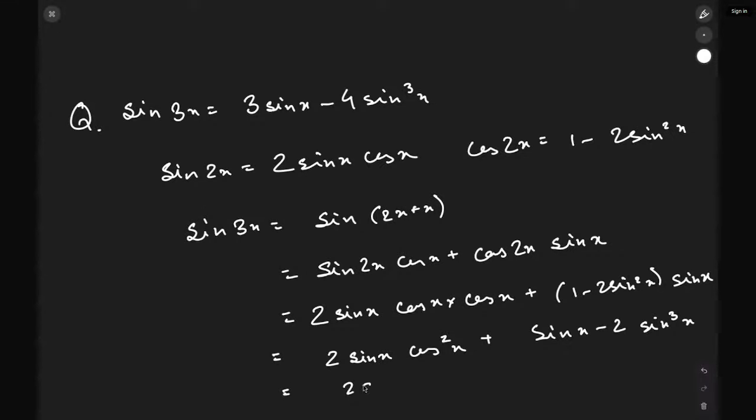Now if I take 2 sin x common, I will be left with 1 minus sin square x, plus sin x minus 2 sin cube x.